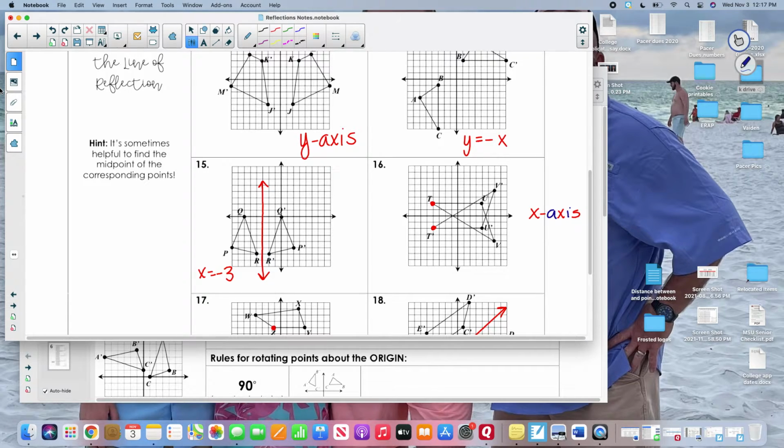We're not going to spend a whole lot of time on these. You're going to learn the rules. The quiz that you are taking next time is only on translations and reflections. Is this on the quiz? No.